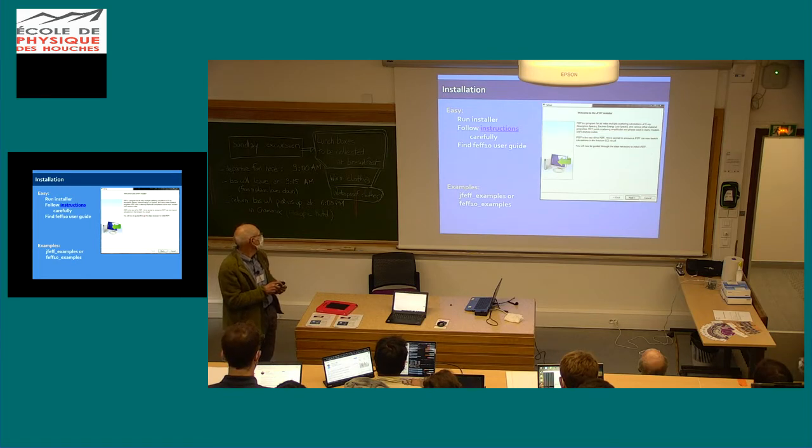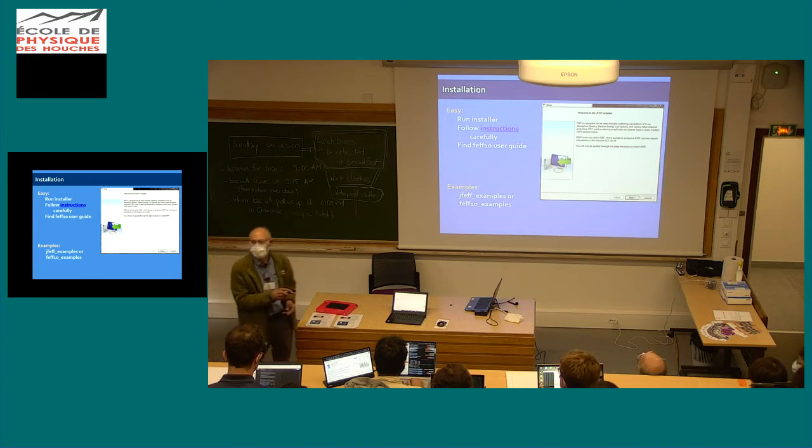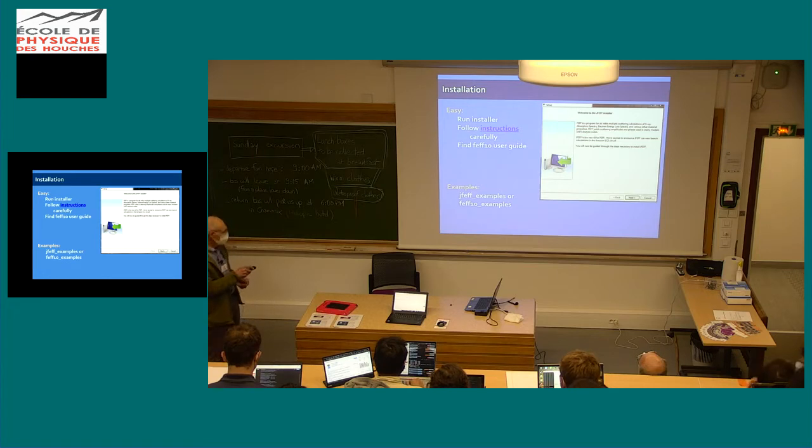Doesn't matter. And what I want to mention is that there are various examples. And depending on the operating system, it will either be in a file called JFEFF examples or FEFF10 examples. If you can't find one, hopefully you'll find the other. But it's exactly the same, but I think the formats are a little different depending on the operating system.